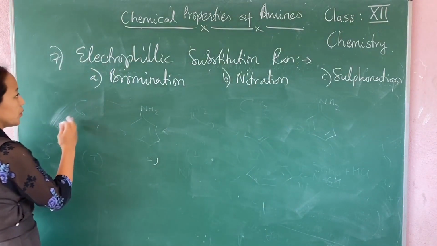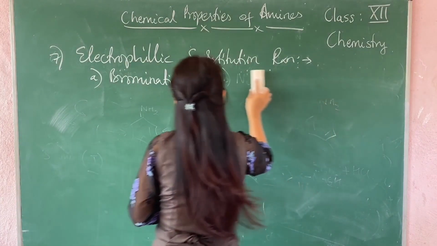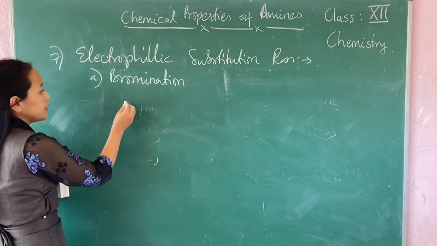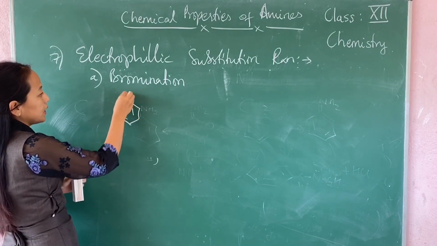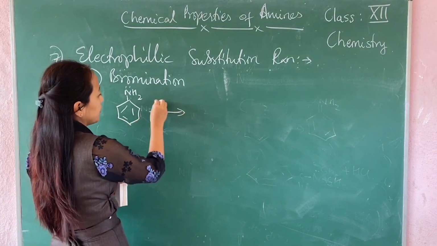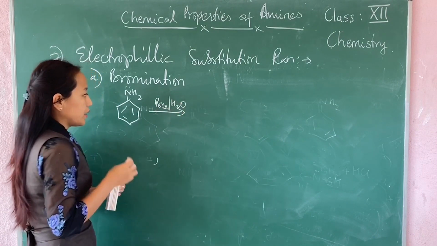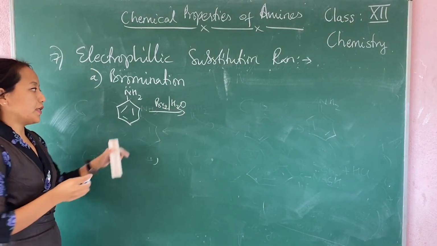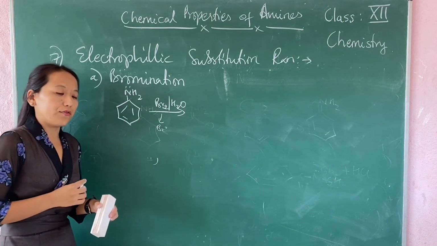So in the case of bromination, you are going to treat aniline, NH2, with bromine water. Now what happens is here Br plus acts as the electrophile.